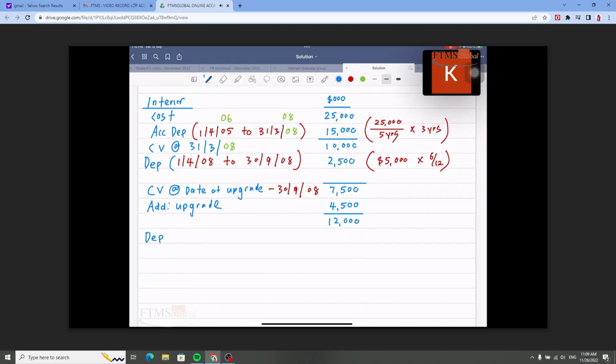Right, so just now I stopped at 30th September, right? So I continue to depreciate from 1st October 08 until the end of your financial year, 31st March 09.